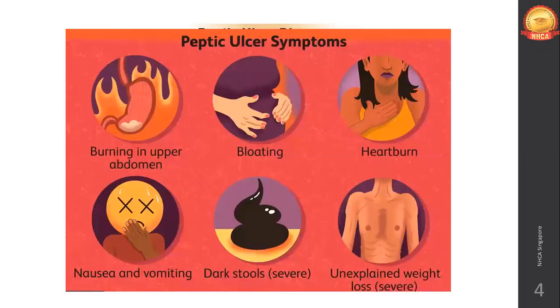So what are the causes of peptic ulcer? When you are having a lot of junk food, like a lot of fatty food, to cause the assimilation of that fat, more hydrochloric acid is required.